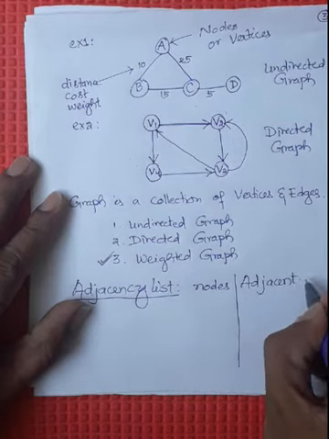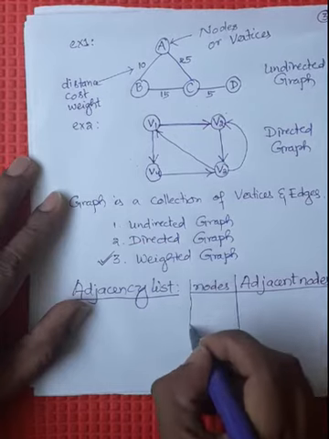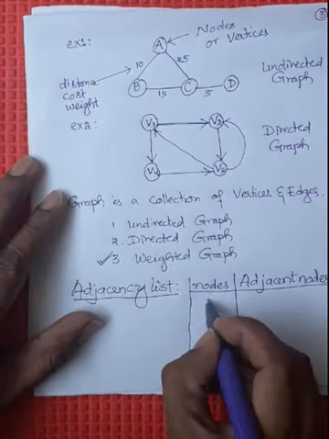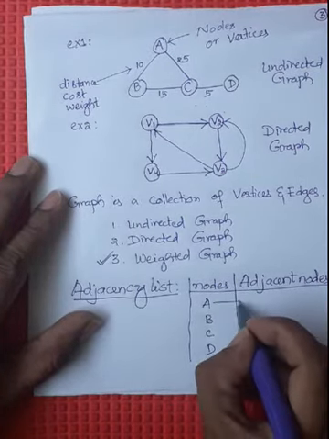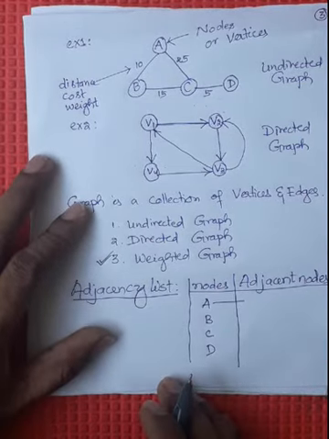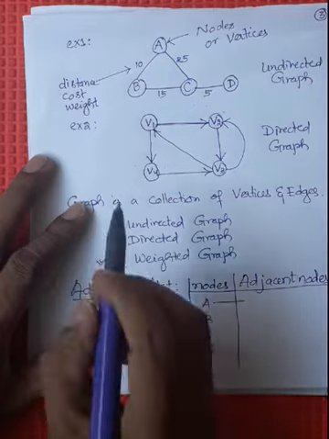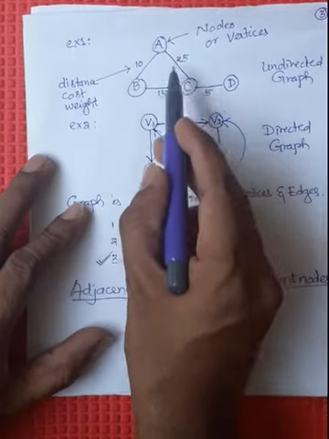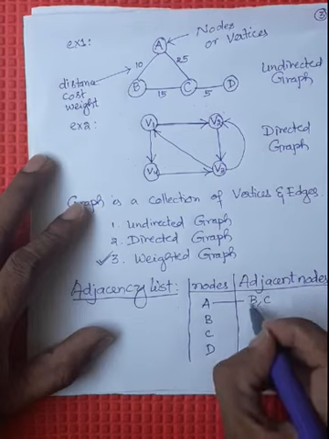First I write the list of nodes for example 1: A, B, C and D. For A, which are the adjacent nodes? The nodes immediately connected from A using a single edge are the adjacent nodes. From A to B there is a connecting line, and A to C there is a connecting line. So B and C are adjacent.